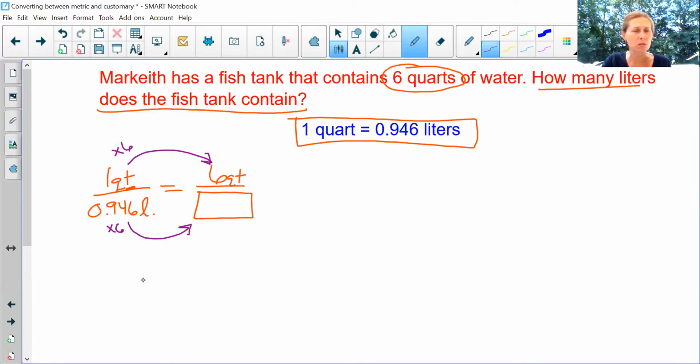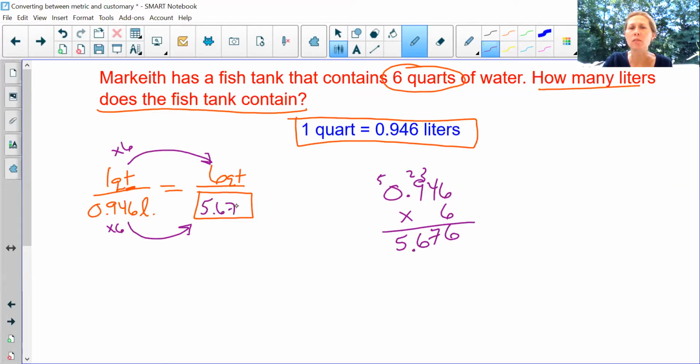If you have a calculator, go ahead and do it. If you don't, you do it by hand. So 0.946 times 6, you're going to get 5676, and you move the decimal over 3 places, which is 5.676 liters.